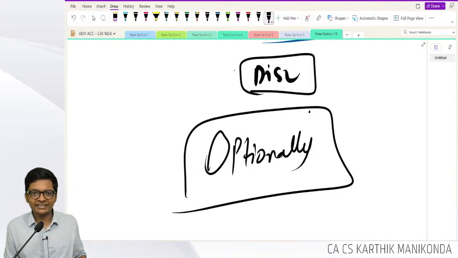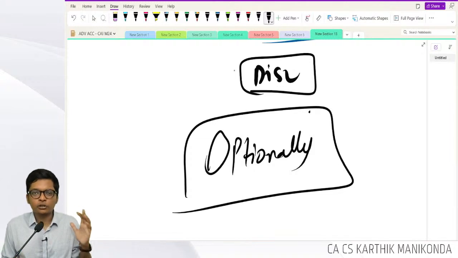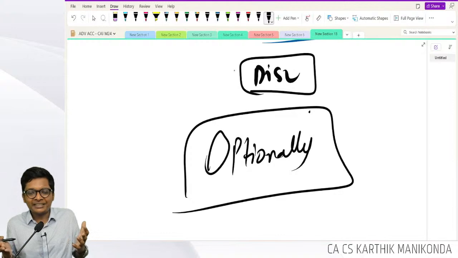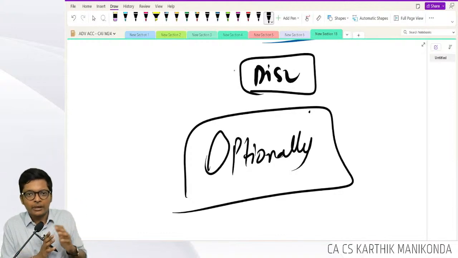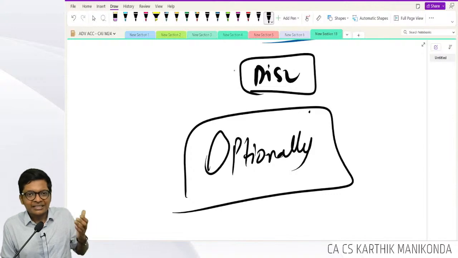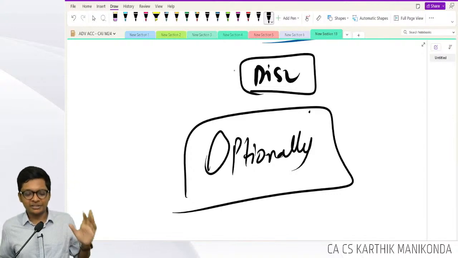Are you following, guys? If I want, I can disclose it for the purpose of my own choice. Management decides this segment is not going to pass any test, but we want separate disclosure because of the nature of business. Apollo Hospital getting into some, let's say, IT work, even though it's small, disclose separately.